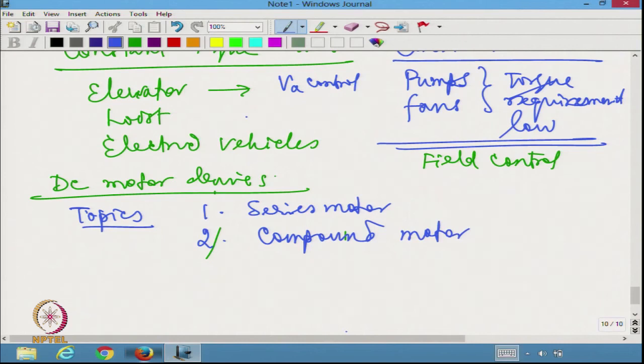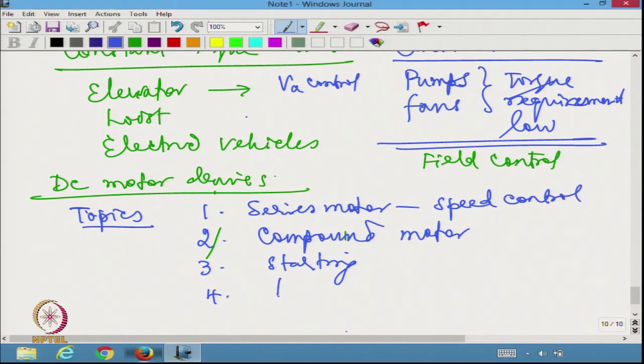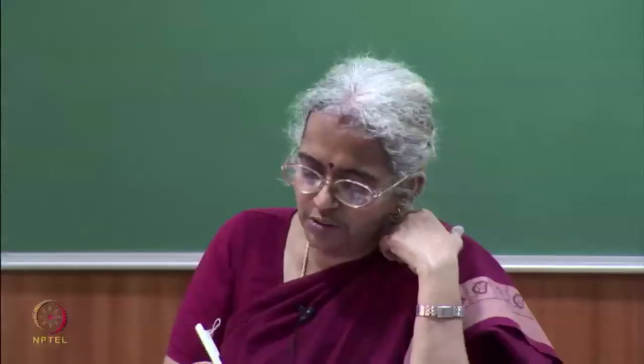So, series motor, actually we will have to do the speed control also. Speed control aspects also we will have to discuss. Then the third one that we need to discuss is starting of a DC motor drive, and the fourth one we might have to discuss is braking. In fact, commutator still we have not discussed, the commutator action also we need to discuss. So, we will just try to take a look quickly at the series motor.